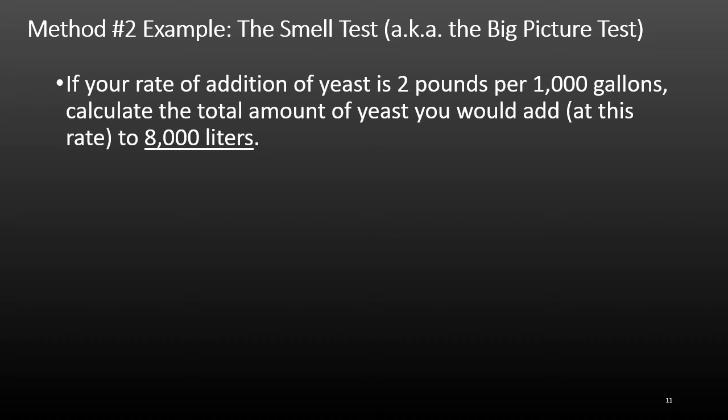What about this one? If your rate of addition is 2 pounds per 1,000 gallons, but you're going to add it to 8,000 liters, that's not as easy to do in your head, is it? But I would try it, all right? First I would do my math. We'd add 8,000 liters times 2 pounds per 1,000 gallons.